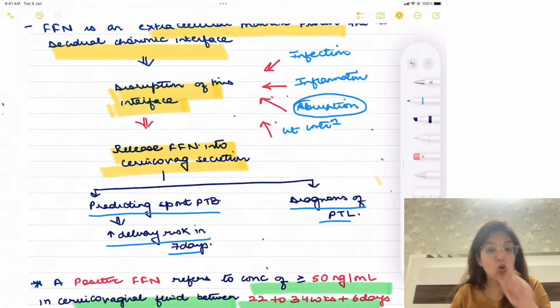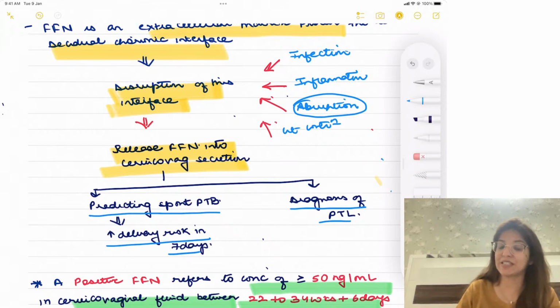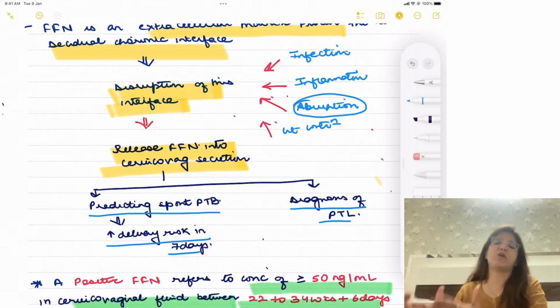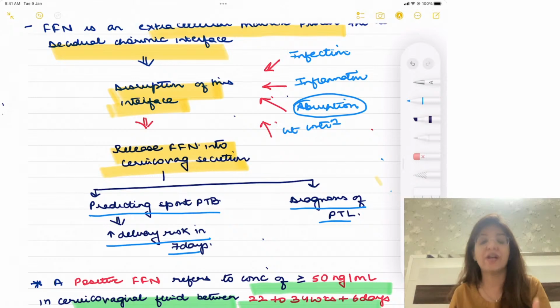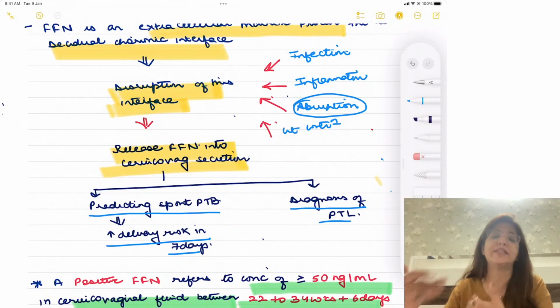So if there is no bleeding, if the membranes are not ruptured, and still if you are getting fetal fibronectin more than equal to 50 nanograms per ml in cervicovaginal fluid, and the dilatation is less than 3 centimeters, then that means this patient is experiencing preterm labor, and that means many of them may go into preterm birth in next 7 days, right?